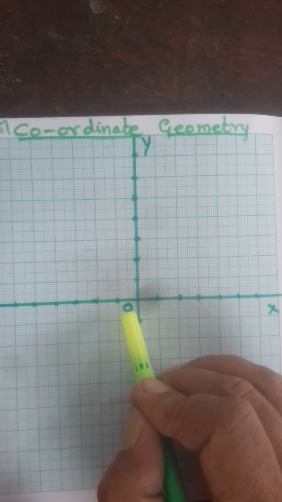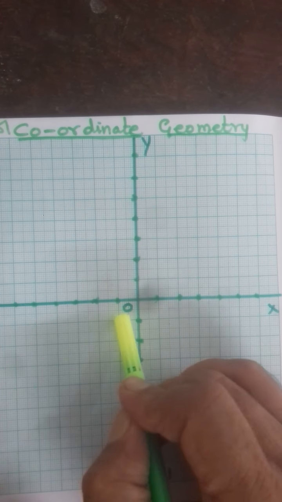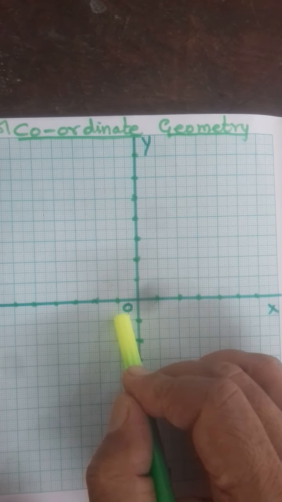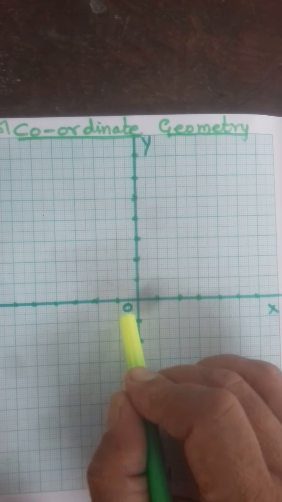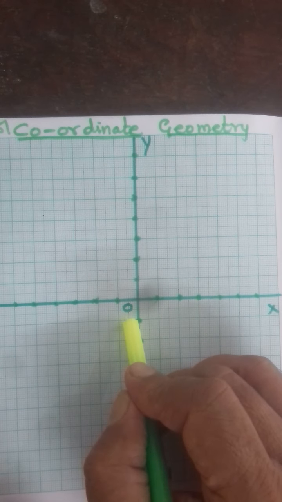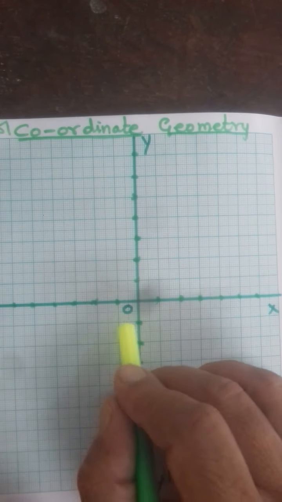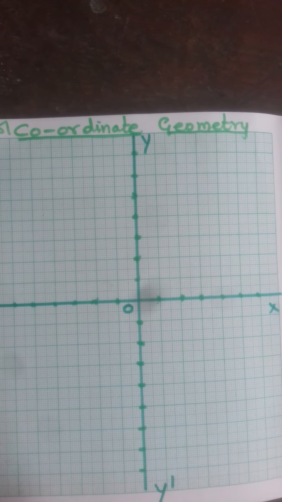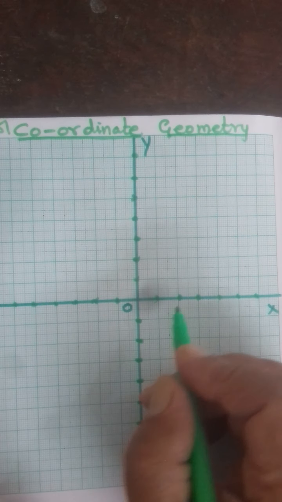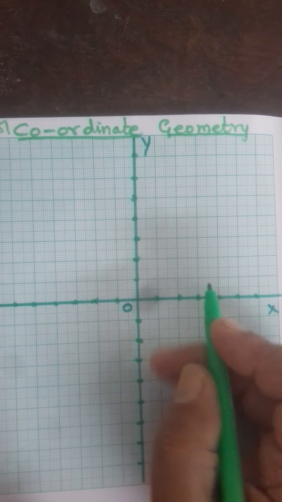This point is represented by O. It is called the origin, and the coordinates of origin are 0, 0.